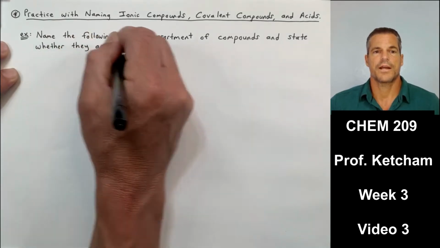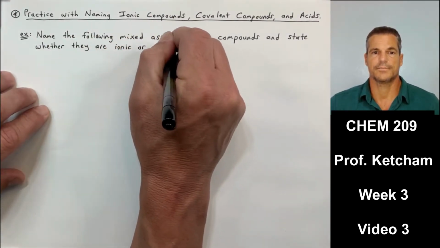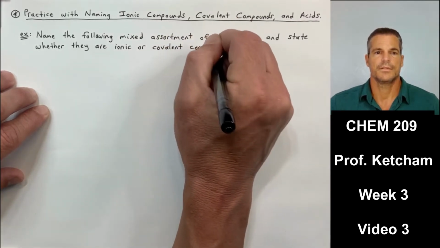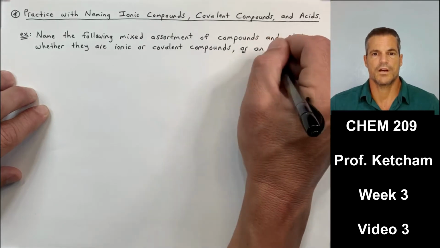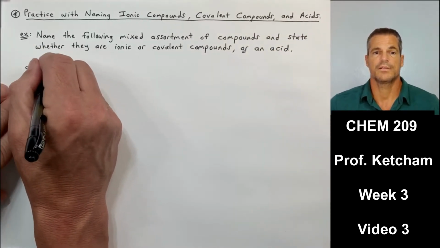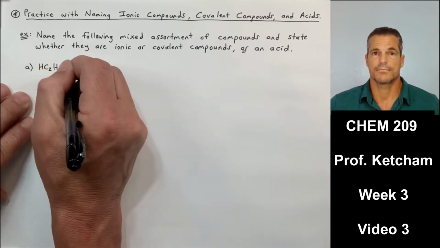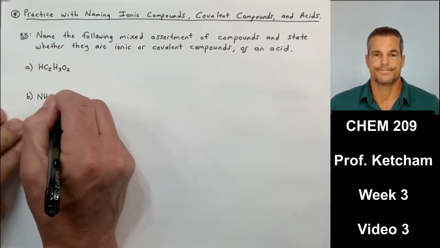Practice with naming ionic compounds, covalent compounds, and acids. Example, and there'll be a whole bunch of them. Name the following mixed assortment of compounds and state whether that compound is ionic or covalent, or if it's an acid. All right?